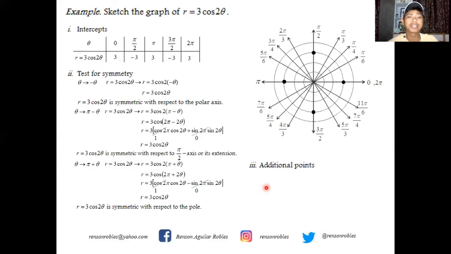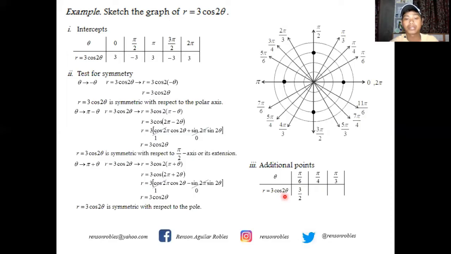And step number 3 is to add additional points. Those are the points pi over 6, pi over 4, and pi over 3. Okay, cosine 2 times pi over 6. We have 2 times pi over 6 is pi over 3, and cosine pi over 3 is 1/2 times 3, that's 3 halves. Next, 2 times pi over 4 is pi over 2.